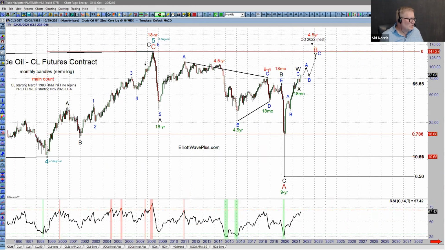Longer term, I think crude oil rallies all the way into late 2022, but I think it's moving up in a corrective fashion. A, B, C for a W, then a very quick X wave, and now we're in another A, B, C. We're going to keep going up into late 2022.